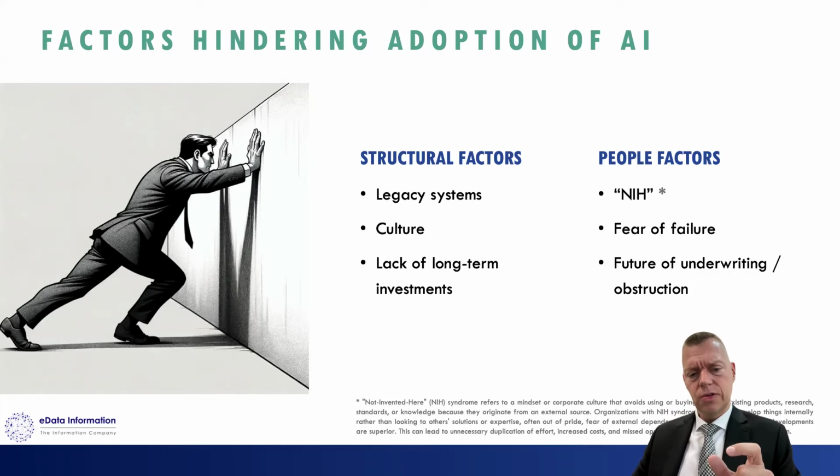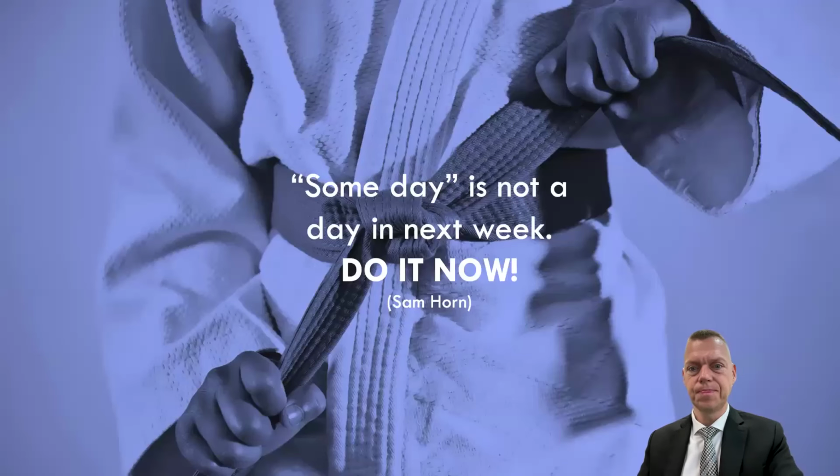But that shouldn't stop us from using AI at least for decision management support. So you will be able to take some part of the underwriting efforts away simply by saying, okay, we will do the pre-calculation, and then we will give a decision suggestion to the underwriters. Anyway, so these are the things that you have to be aware of. We have the structural factors that stop us, and we have the people factors that stop us.